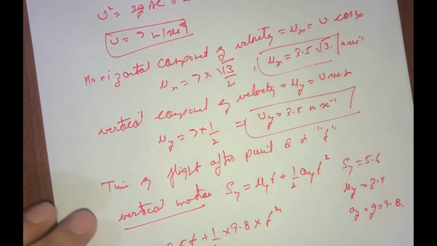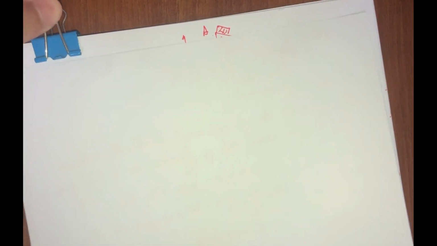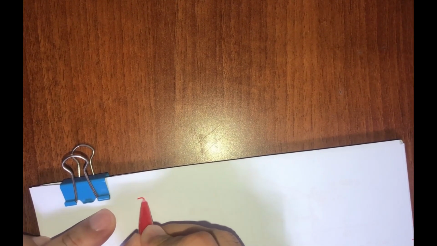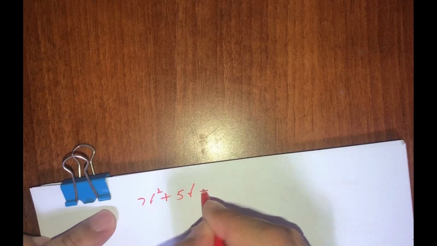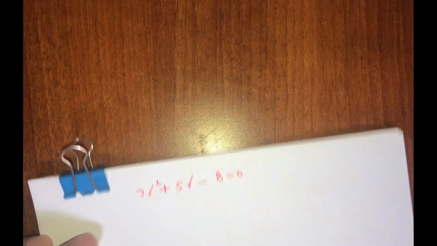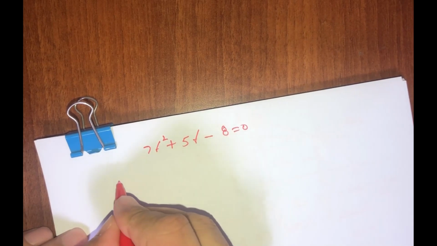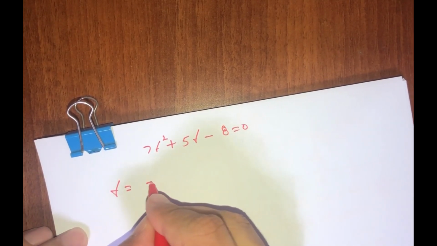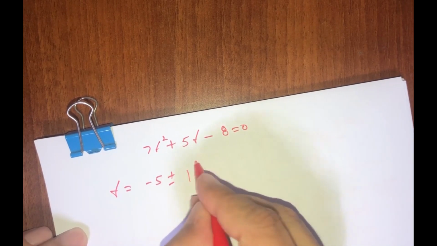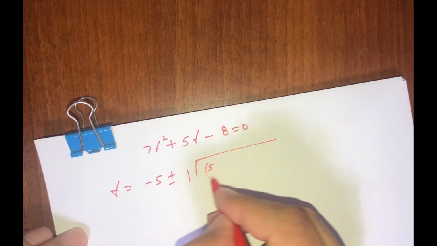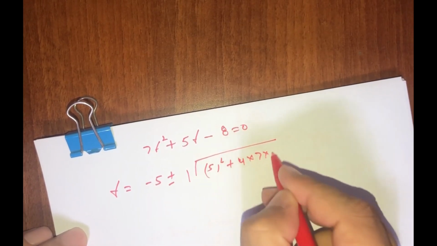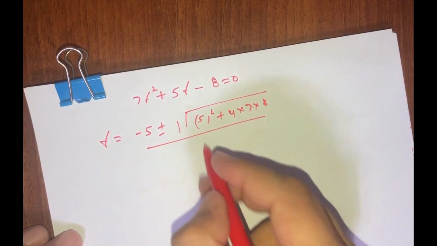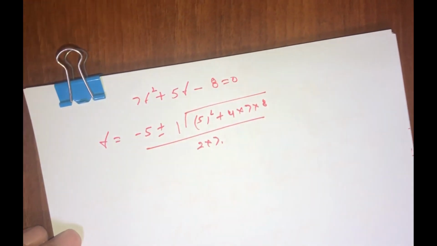Now this is quadratic in t. So we can write this equation as 7t square plus 5t minus 8 is equal to 0. So we can find the value of t as minus b plus minus square root of b square minus 4ac, divided by 2a.